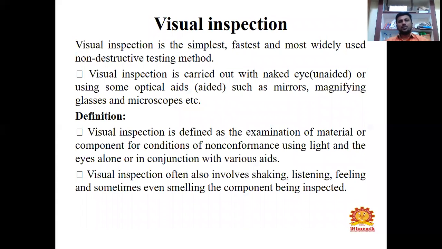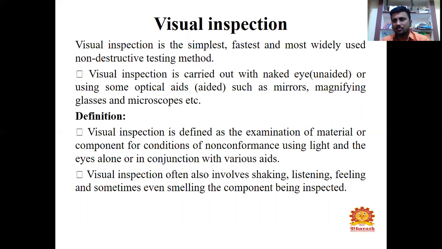Now we go over visual inspection. What is visual inspection? Visual inspection is the simplest, fastest, and most widely used non-destructive testing method. So one of the NDT methods is visual inspection.